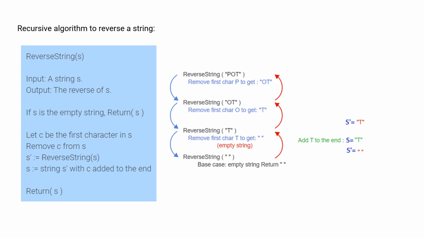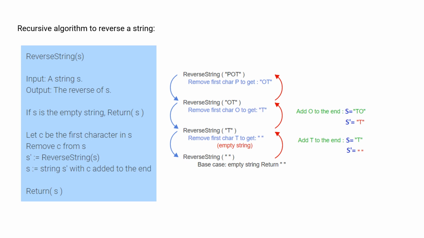Once we were able to return the T, we would say that S prime is equal to what we get out of that. So S prime is what comes out of that iteration. And then the next thing would be to add what got taken out for that iteration to the end. So we would have TO because O got taken out of that iteration, and we'll call that our new S.